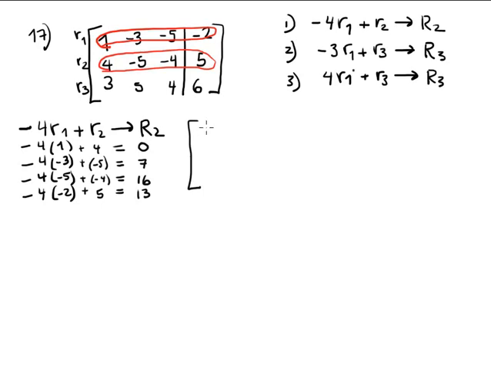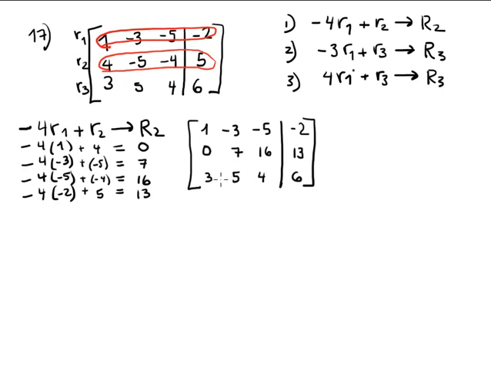Row 1 stays the same; I use it, but I never touch it. Row 3 stays the same. But row 2 changes. Now it's 0, 7, 16, 13. And this is our new matrix.